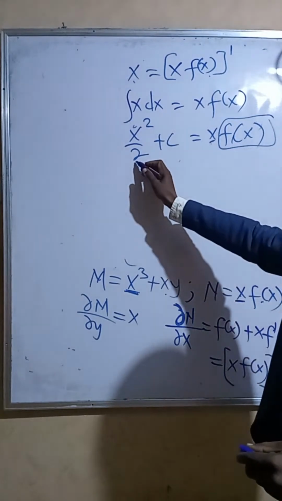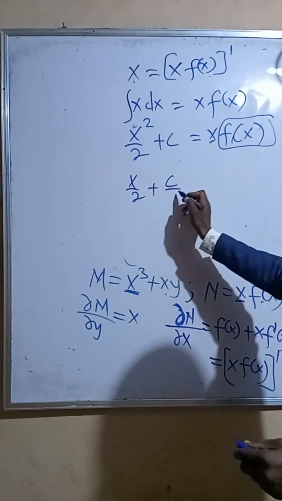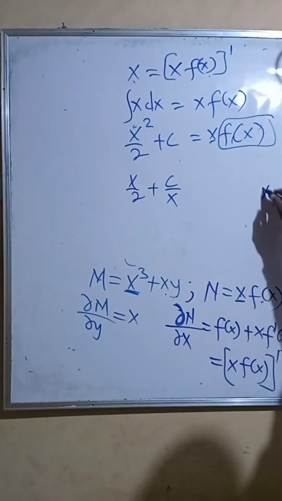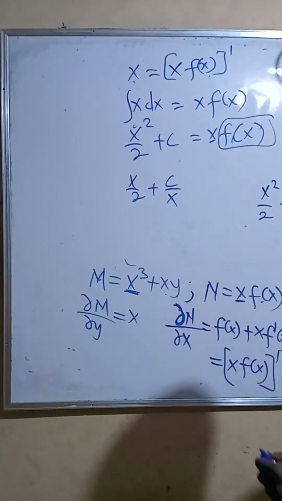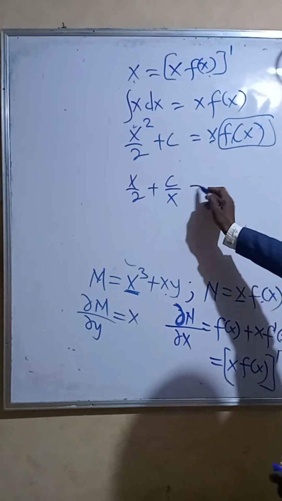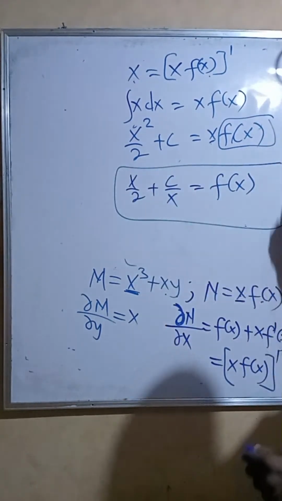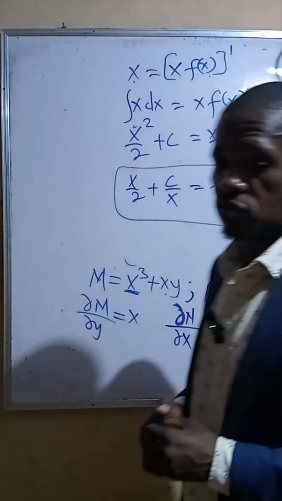That will be x over 2 plus c over x, since x squared over 2 divided by x gives x over 2. That is correct. Then that is equal to f of x. That is the end of that solution.